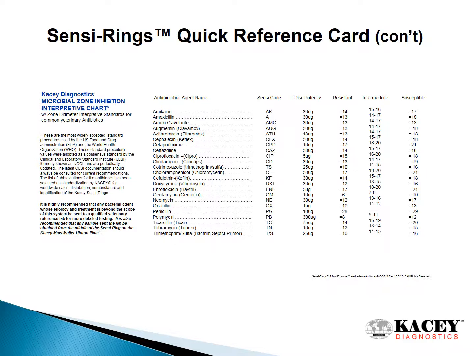On the back of the quick reference card, we have enclosed a convenient microbial zone inhibition interpretive chart. This includes the various antibiotics on the SensiRings, along with their Sensi codes and disc potency, as well as the various metrics for determining their efficacy.